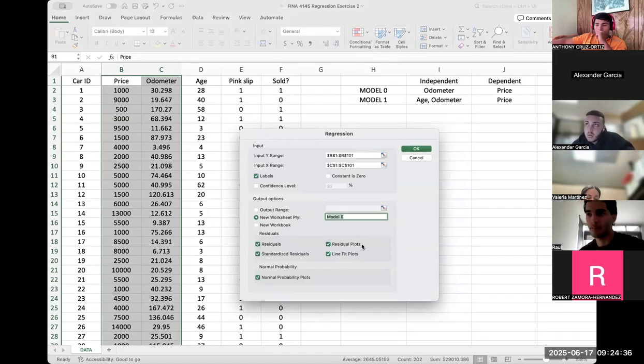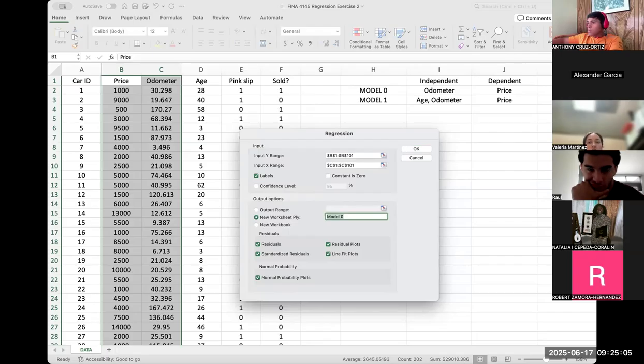And I want all these plots. See if you can set yours up. Let me know when you're done.